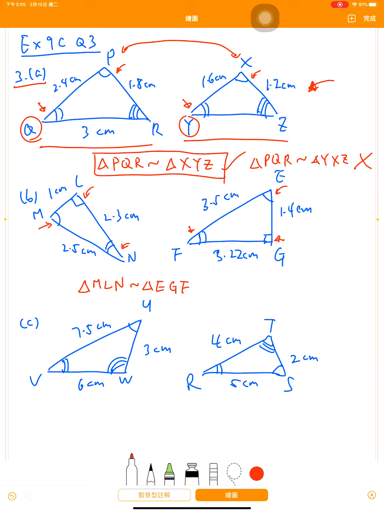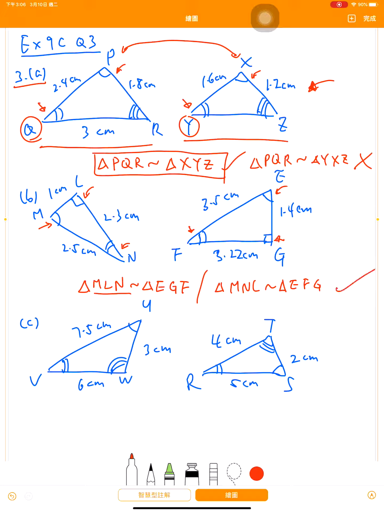But remember, some of you may not write down the order in this way. Some of you may write triangle MNL, then the corresponding triangle should be EFG, right? They are also correct. Okay, just use your order, but the corresponding points should be the same.